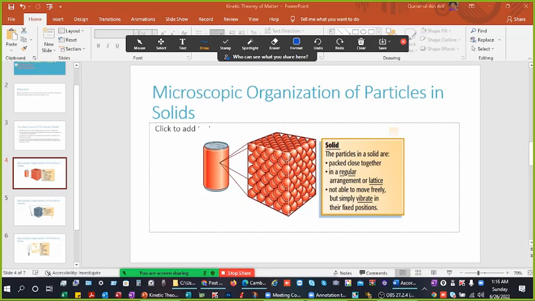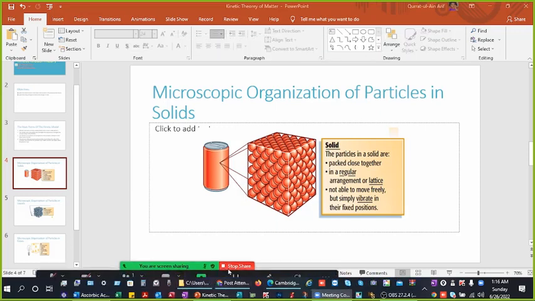They cannot move freely because of the strong intermolecular forces and negligible spaces between them. So they keep on vibrating about their mean positions. It seems like they are not moving, but they are actually vibrating at their mean positions, in constant motion.